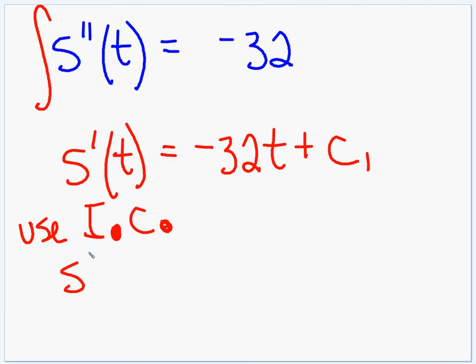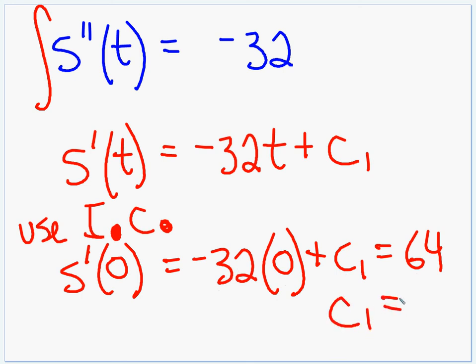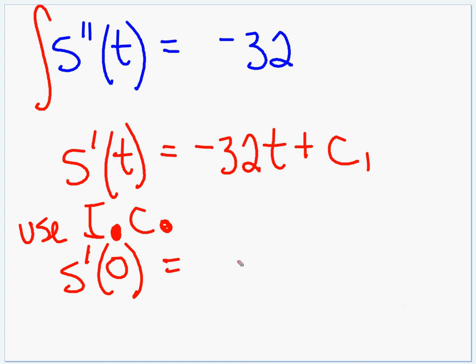So S prime of 0, we put zeros in for t, plus c sub 1, and we set it equal to 64. Now, of course, the negative 32 times 0 is 0, so c sub 1 is equal to 64. So I'm going to erase this and replace this c sub 1 with a 64.